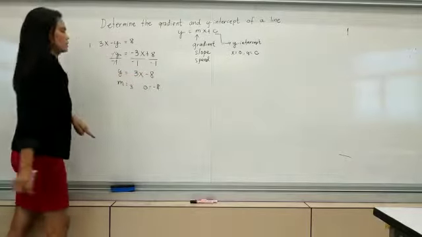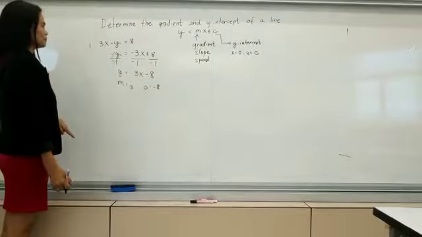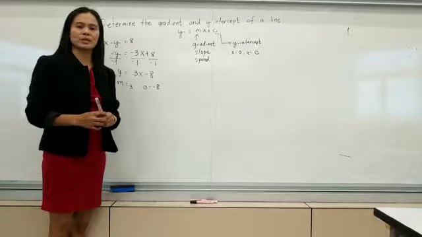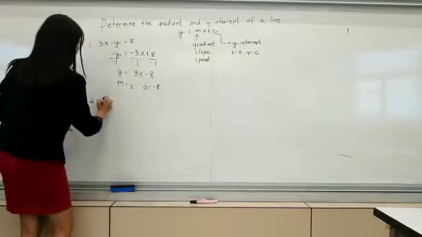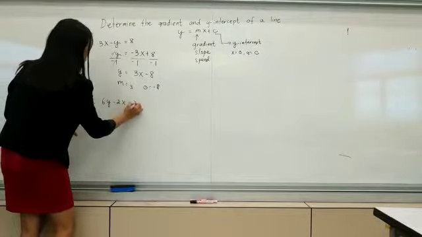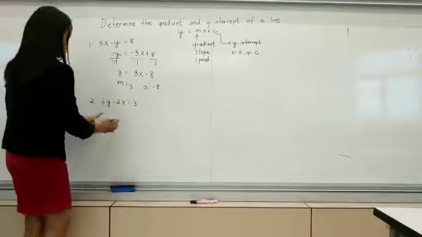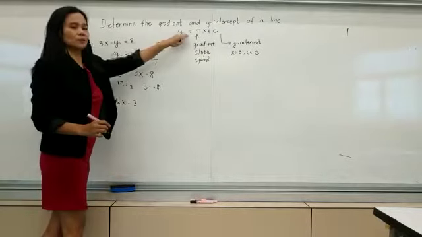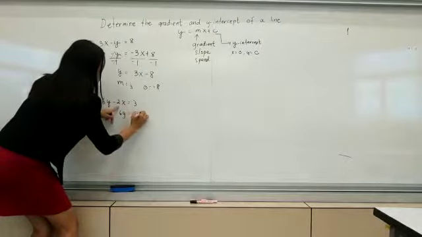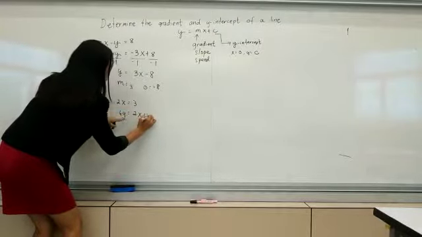Let us see, for example number 2, say we have 6y minus 2x is equal to 3. Again we have to set up in this form: 6y is equal to 2x plus 3.